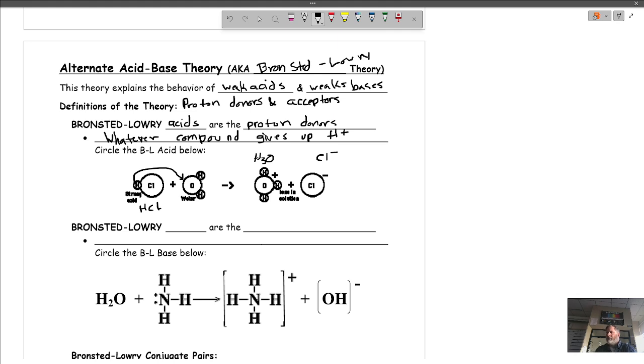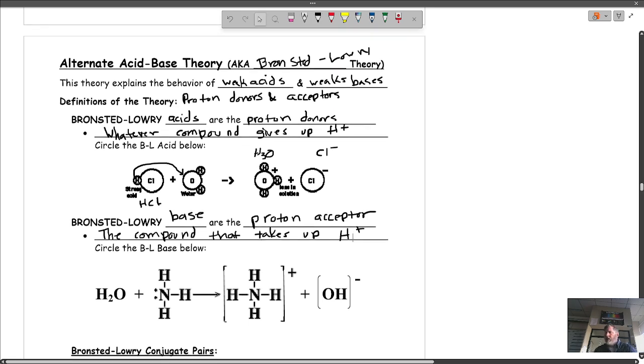All right, a Bronsted-Lowry base is described as a proton acceptor. So whichever compound takes up a hydrogen, also known as a proton.